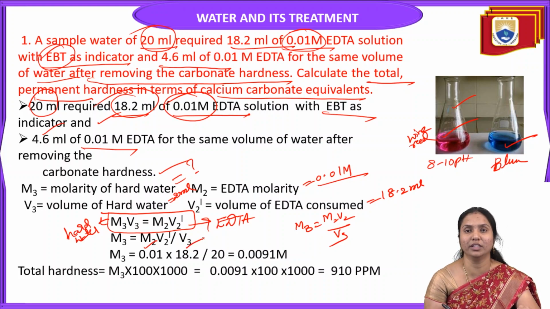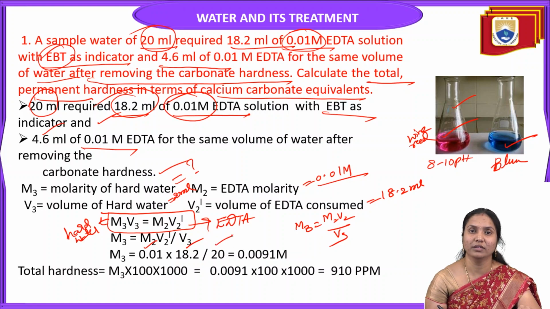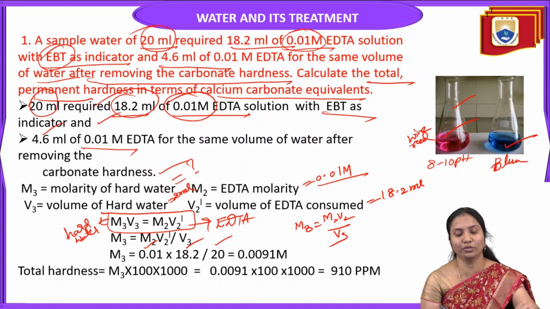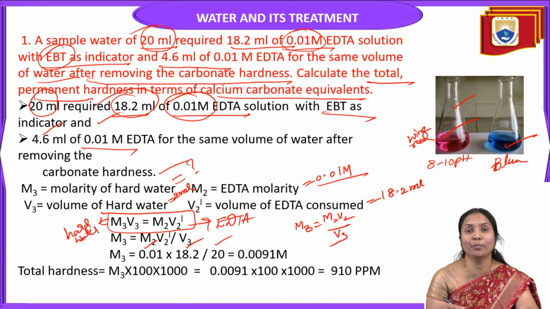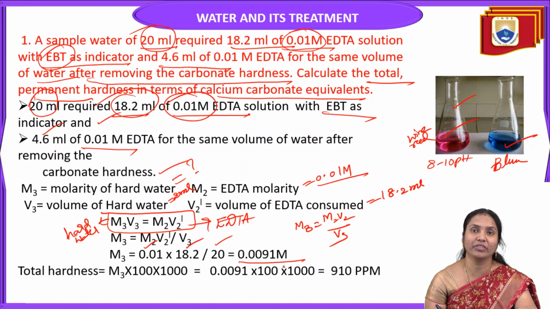The volume of hard water is 20 ml. So M3, the molarity of the given hard water, equals 18.2 into 0.01 by 20, which equals 0.0091 M. So the molarity of hard water is 0.0091 M.